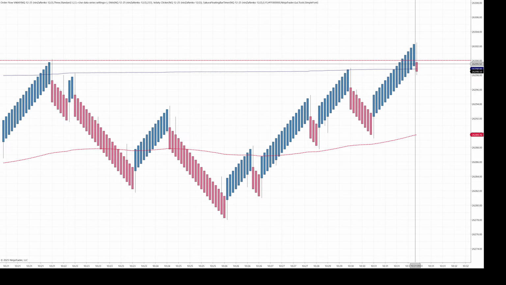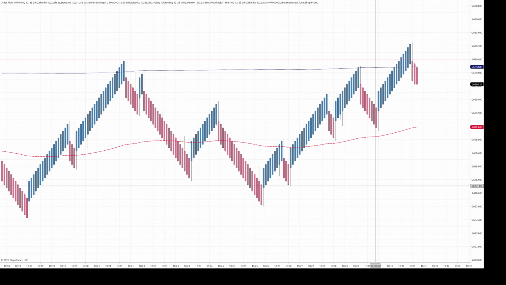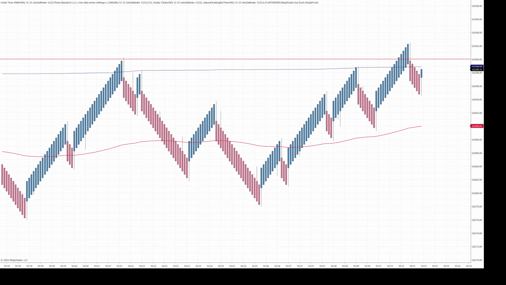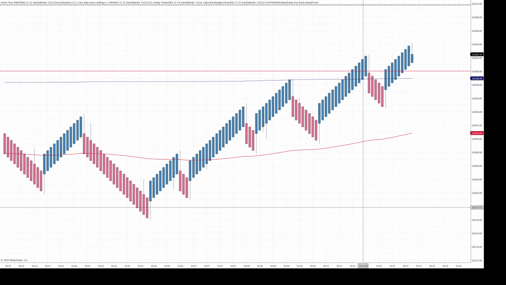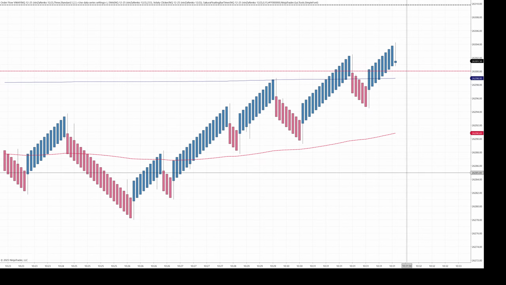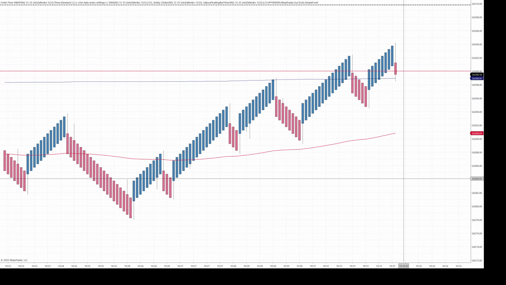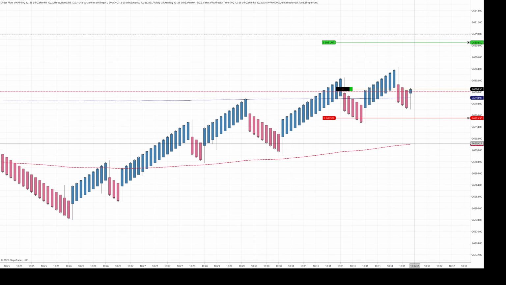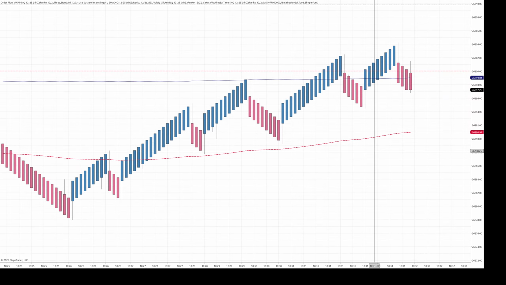Okay, can't take this one bearish here. This is still above that standard deviation level. Okay, this is my bullish signal here. Stop loss.